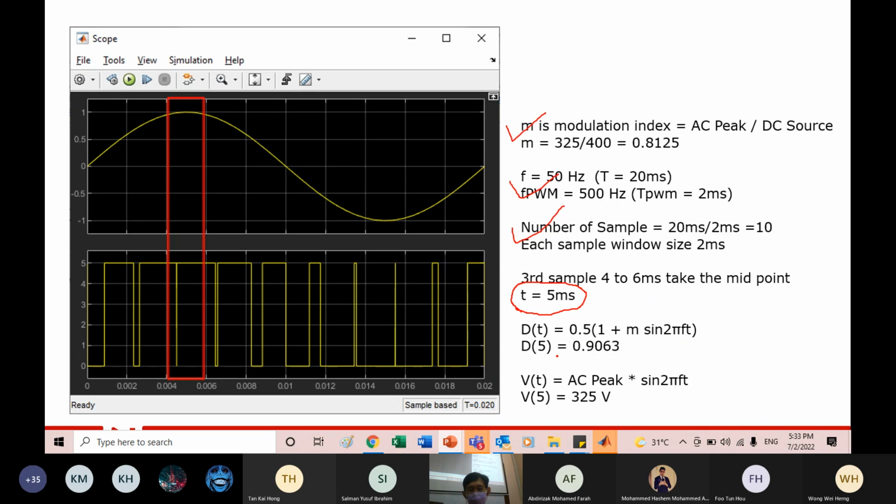Then you can see the duty cycle is 90% already because it has reached the peak. The V is already 325. But your D is not 100% because your modulation index is not equal to 1, it is equal to 0.81. That's why, when you multiply it, you get this number.